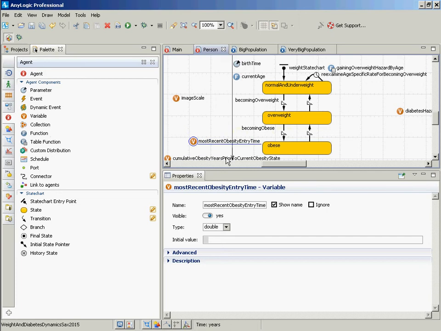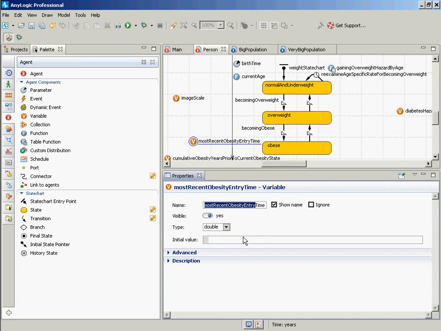Yeah, you could say incidence time. Oh, I like that. Obesity incidence time. Thank you. Obesity incidence time. I really like that. That is sweet. Thank you, Rob. You saved me from a most uncomfortable linguistic quandary.